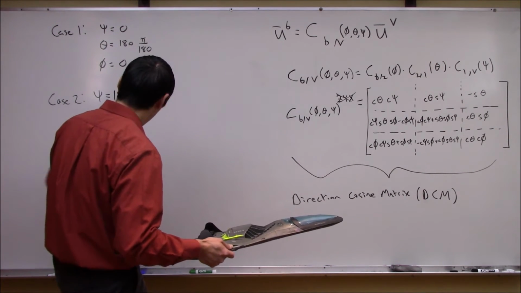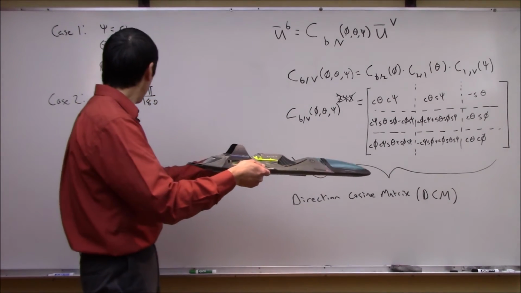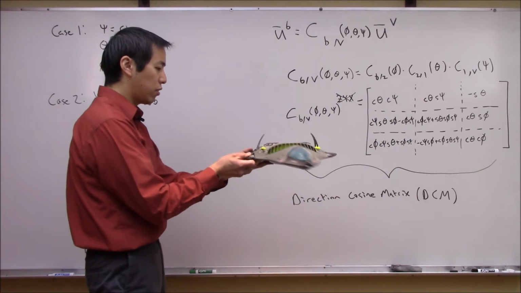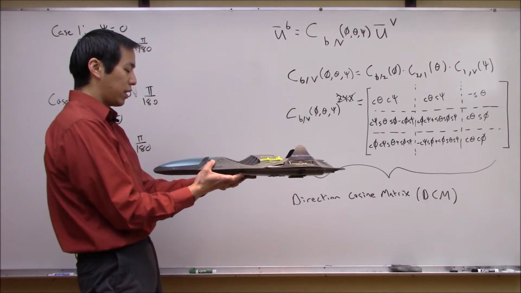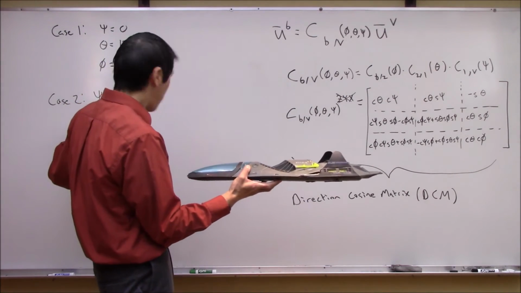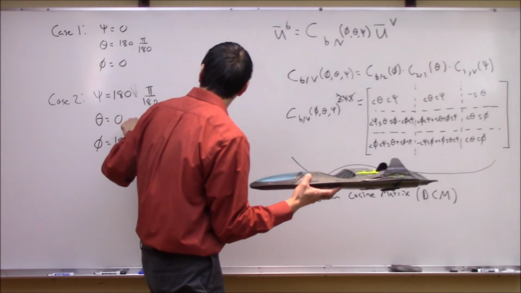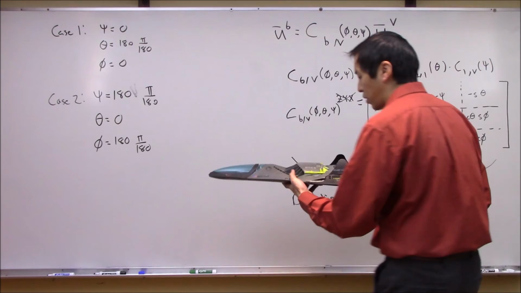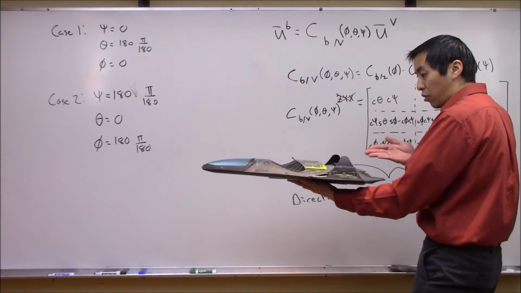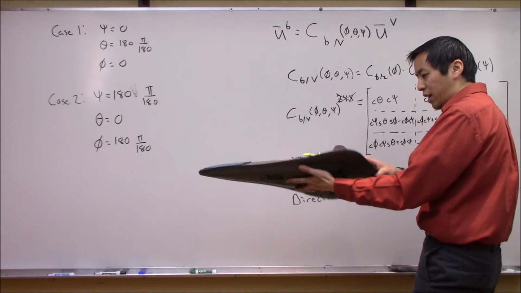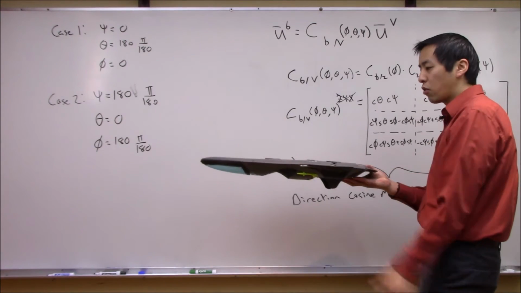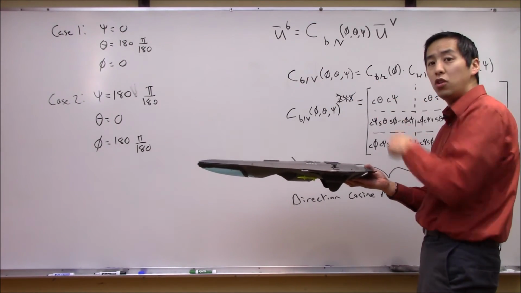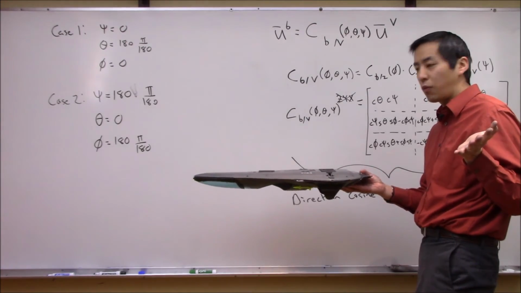Going through our Euler rotation sequence now for case 2: yaw through 180 degrees, which will get you pointing like this. Pitch through 0 degrees and then bank through a positive 180 degrees, and I've got to make sure I get that right, so it's positive around the resulting x-axis. So you get like this, right? Again, we end up in the exact same orientation, given two completely separate sequences of Euler angles.